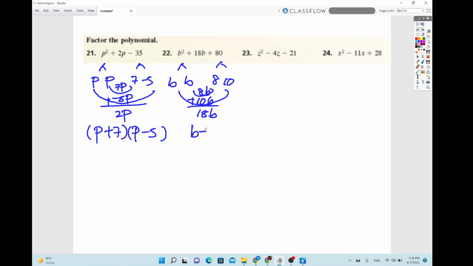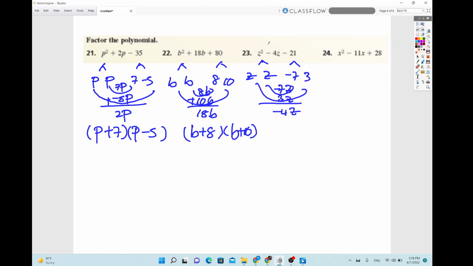So what we can do here is b plus 8 and b plus 10. And then the next one, similar: z squared, so z times z, negative 21, so that'd be negative 7 and 3. So we got negative 7z and then 3z. Combine them together, so it's negative 4z, exactly what we want. So z minus 7 and z plus 3.